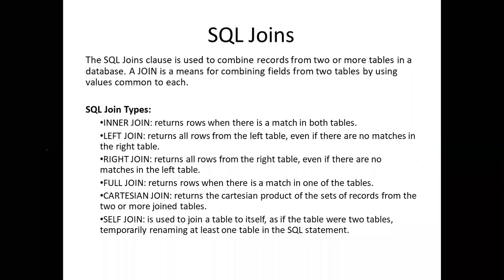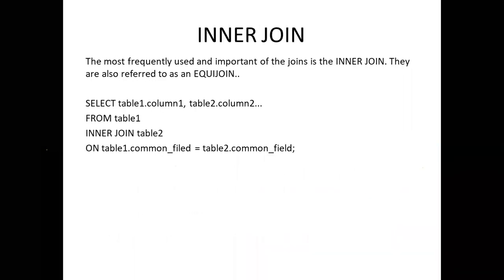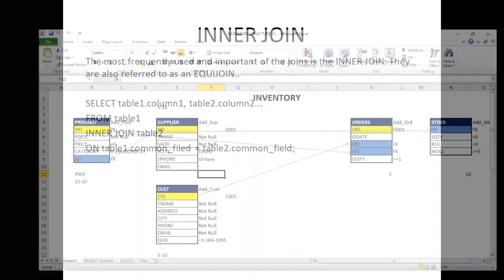So there are various types of join, which are inner join, left join, right join, full join, Cartesian join, and self join. So let's do them one by one. The different types of joins give different ways of joining the two tables. So let's proceed with the first one, that is inner join.